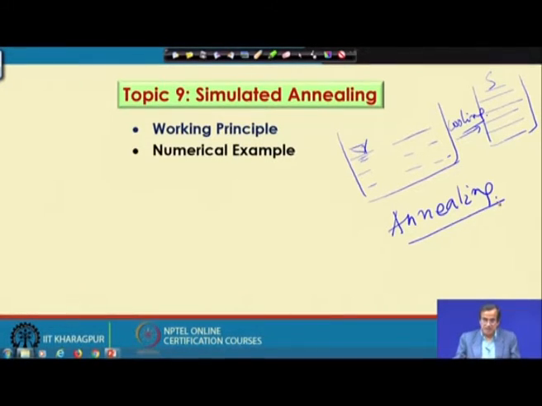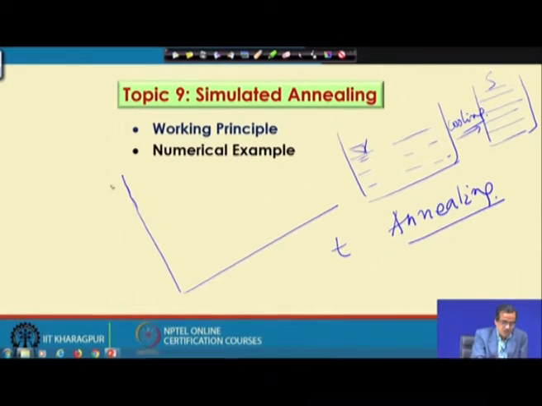Now, if I see the iterations of this simulated annealing, this is, say, the number of iterations, and this is the temperature of the molten metal. Initially the temperature could be here.